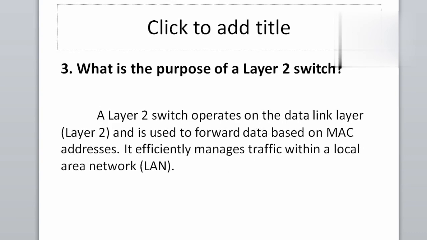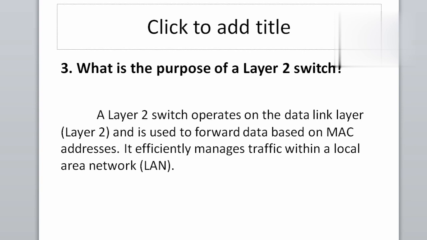Third question is, what is the purpose of a layer 2 switch? The layer 2 switch operates on the data link layer, and it is used to forward data based on MAC address. It efficiently manages traffic within a local area network.